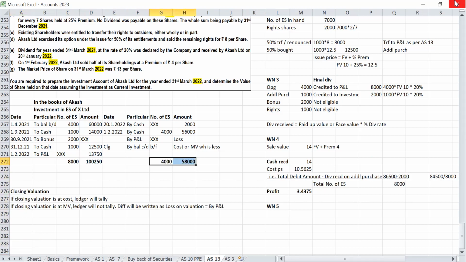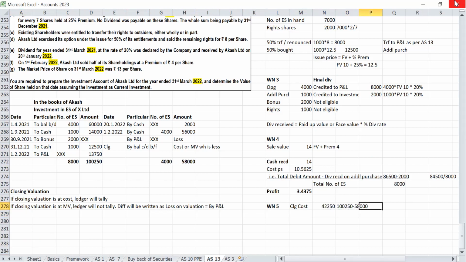So what is the cost? Closing cost will be the balancing figure: 1,250,000 minus 1,250,000 minus 58,000. This will be the closing cost.